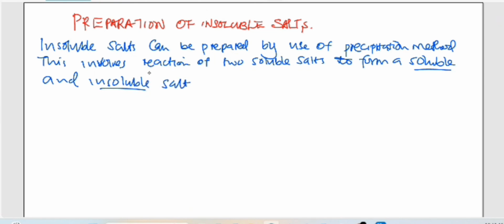But our main target is the insoluble salts.